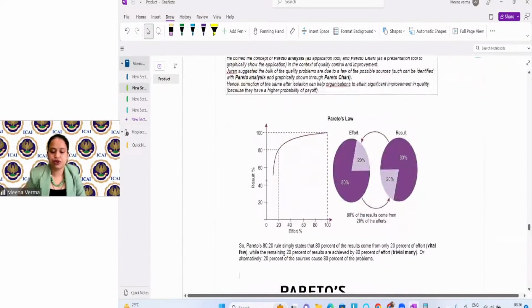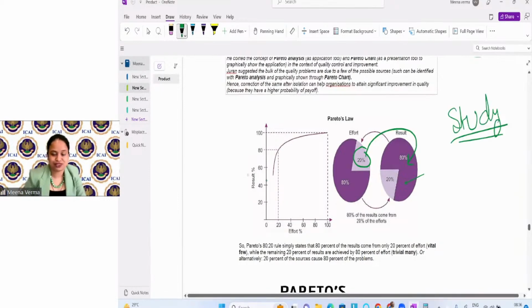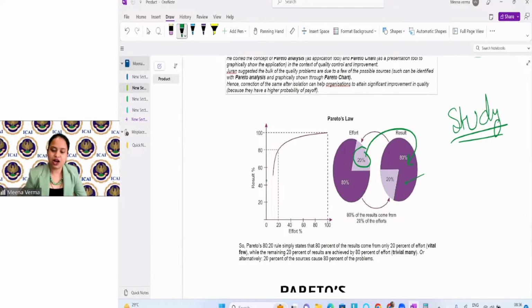The 80-20 rule means put in only 20% effort and get 80% of the result. This is how we studied in our BCom, not in the CA syllabus. In CA studies, you have to study everything 100%, but in BCom we looked at the important topics which are more important for the exam, studied from them, and got more than 80% marks.